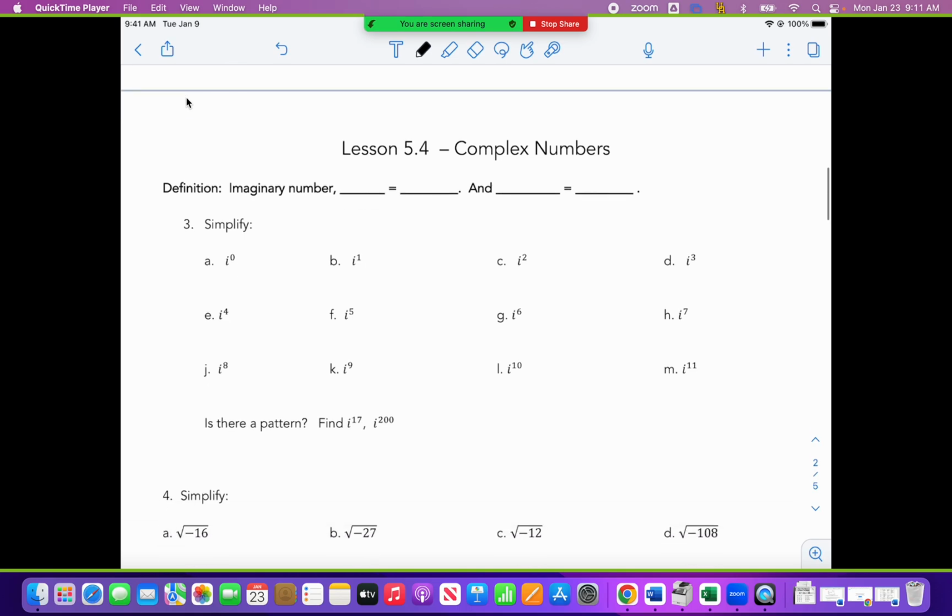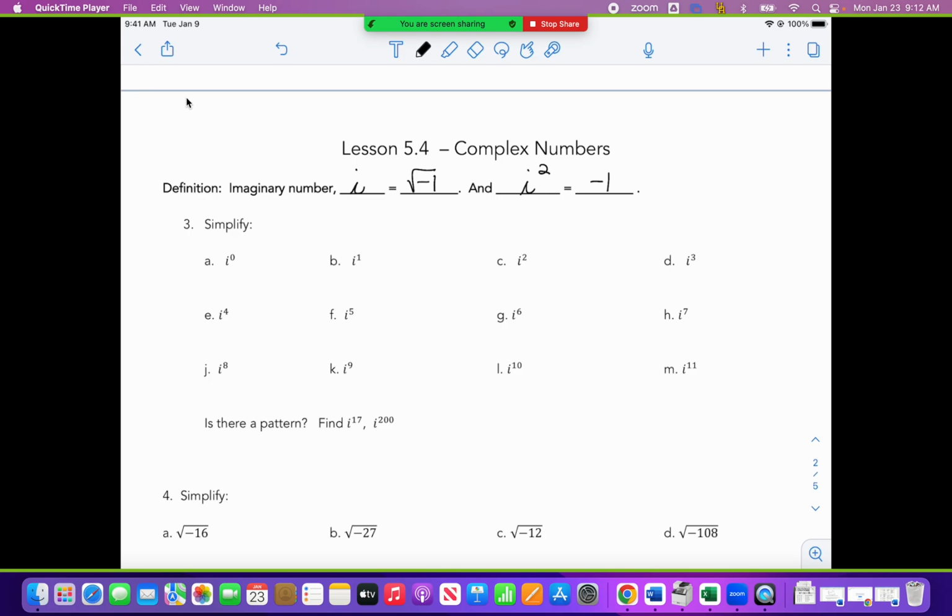So here's the deal. The imaginary number i equals the square root of -1. And i squared, when you take i times i, it produces -1. So from this moment forward, we're going to be able to handle a square root of a negative, and it's called a complex number.